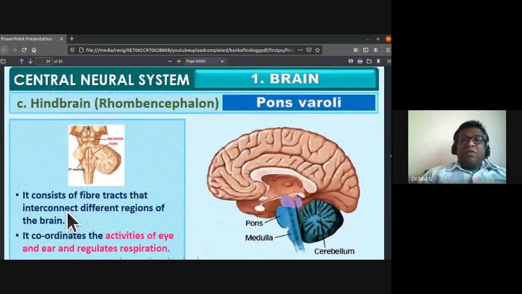The next part of the hindbrain is the pons varoli. You can notice this pons varoli here. It consists of fiber tracts that interconnect different regions of the brain.